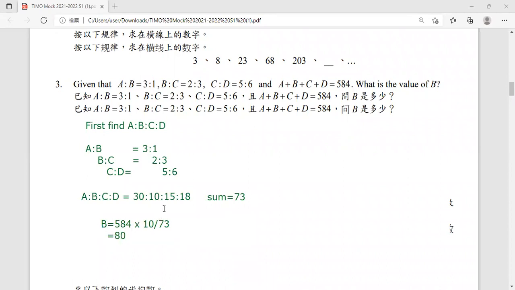Because you can simplify, or divide 584 by 73, which is 8, and then times 10 will become 80. Okay, that's that.